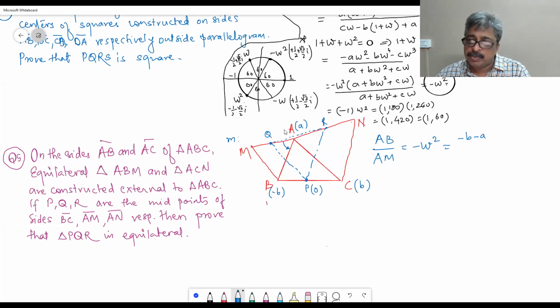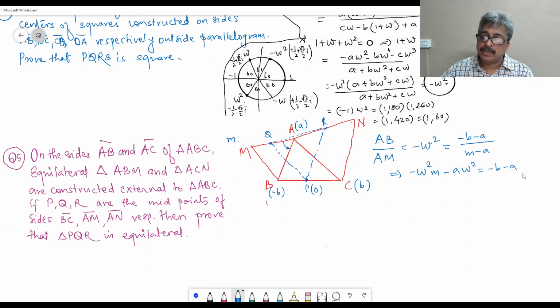So this is minus B minus A, that is your AB, and what is AM? M minus A. Writing M will be a little easy: minus omega square times M minus A is equal to minus B minus A. Everybody is negative, plus A omega square.